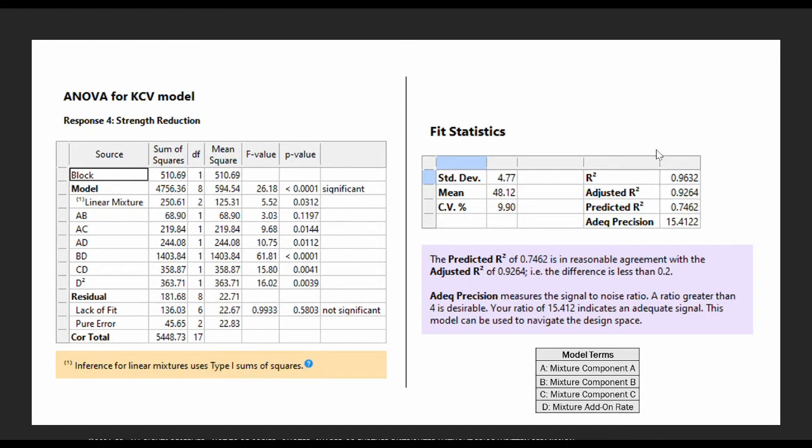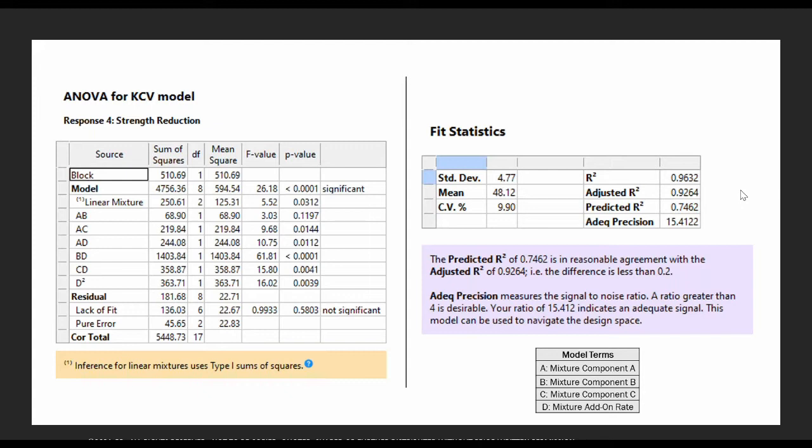A couple of other things that I look for: the predicted and adjusted R-squared. Adjusted R-squared is very healthy, right around 0.93, and a predicted R-squared of about 0.75, which are in reasonable agreement with one another. And for this lab study, a predicted R-squared of 0.75 is actually fairly good. Any papermaking process is going to have some inherent variability coming with the furnish and how the handsheets are generated themselves.